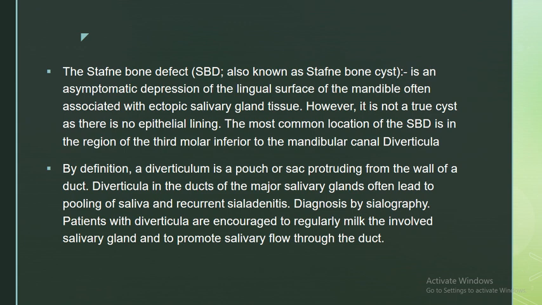These structures in the ducts of the major salivary glands often lead to pooling of saliva and recurrent sialadenitis, meaning the infection occurs repeatedly in the salivary gland. Diagnosis is by sialography. Patients with diverticula are encouraged to regularly milk the involved salivary gland to promote salivary flow through the duct.